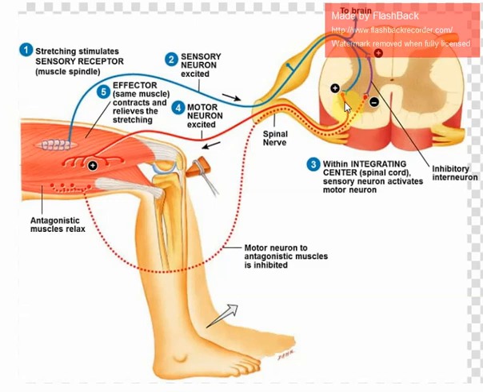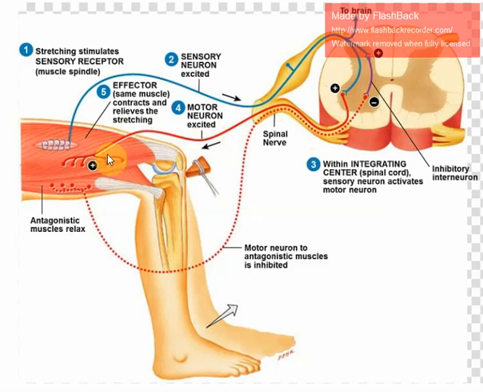along the ventral horn of the gray matter, and it will come out of the ventral root, out of the mixed spinal nerve, and then it will come out carrying back the motor impulse to the same muscle, which will result in contraction of the muscle.